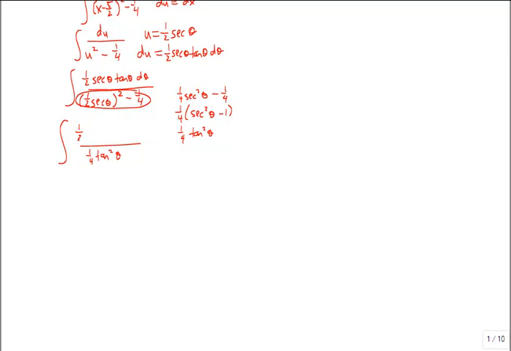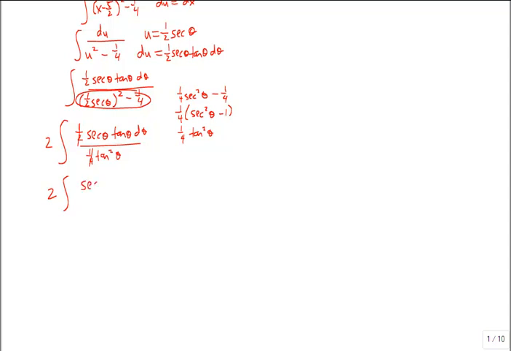And on top we have that 1/2 secant theta tangent theta d theta. So to simplify this, 1/2 divided by 1/4 is the same as 1/2 times 4, which is just a 2. So let's pull that constant out front, and I can cancel one of these tangents on the top and the bottom.